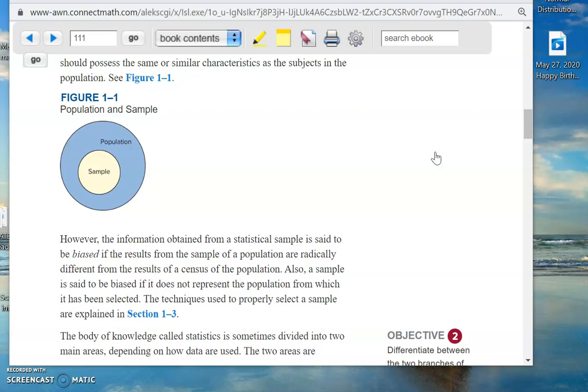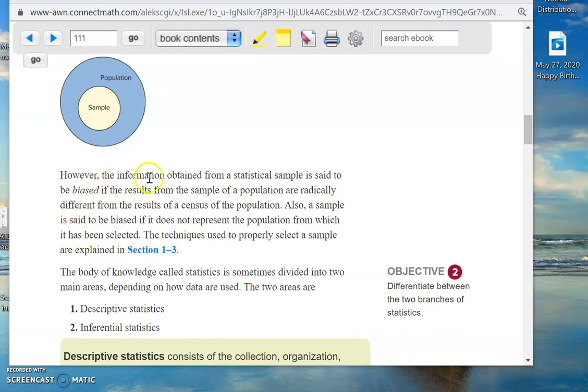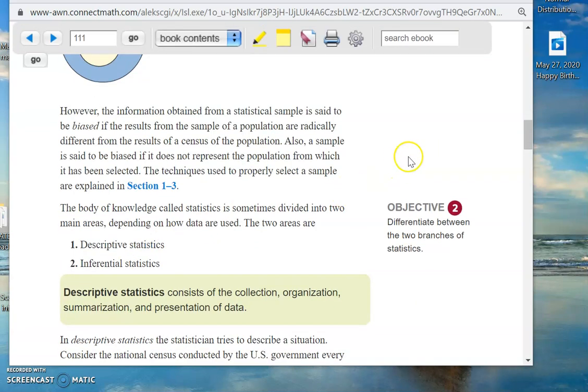If you sample properly, you can draw inferences or conclusions that make sense. However, if you don't do a good job, the information obtained from a statistical sample is biased if the results from the sample are radically different from the results of a census. So what you always want is an unbiased sample so you can draw your conclusions.